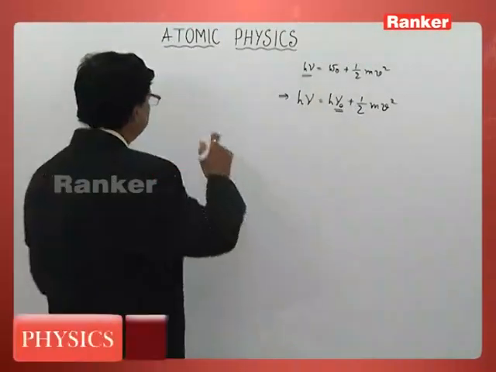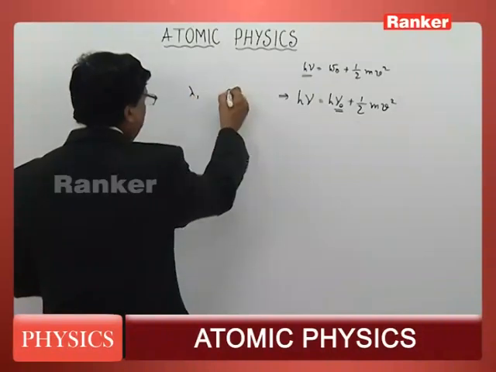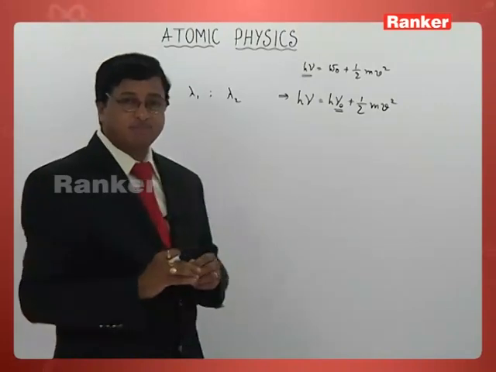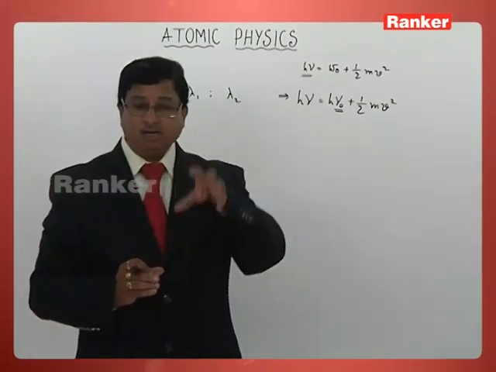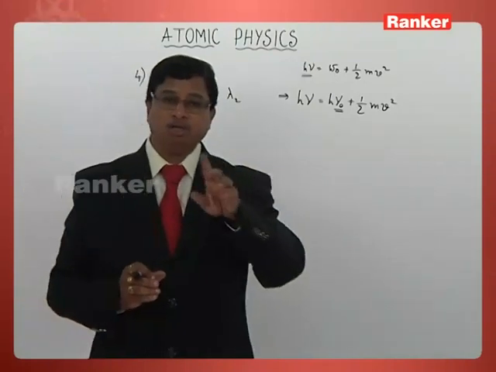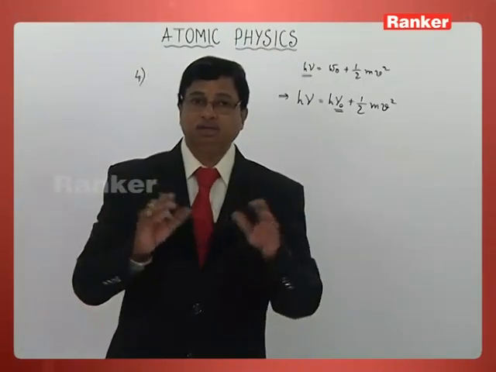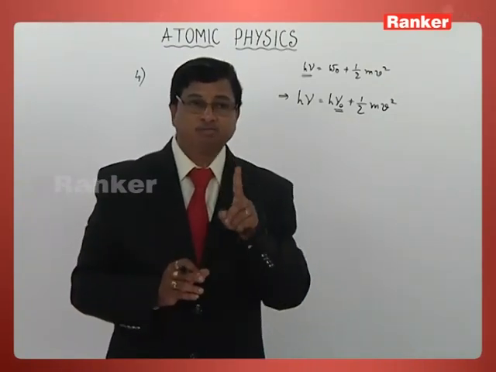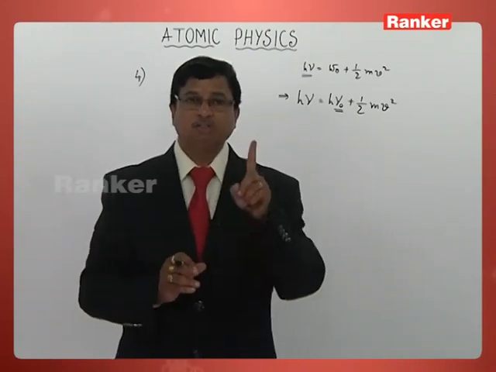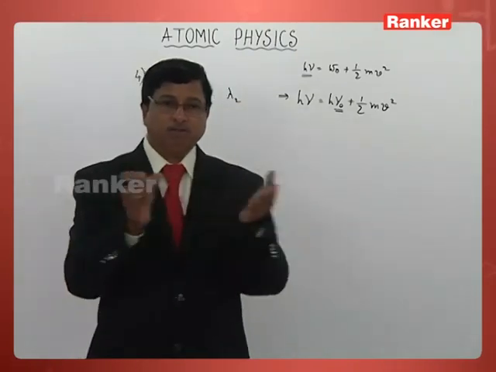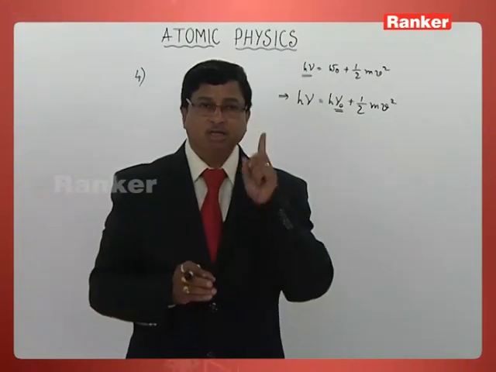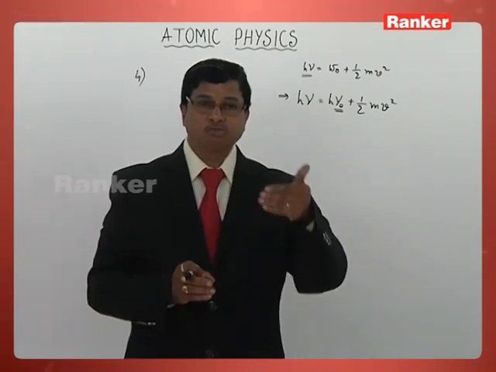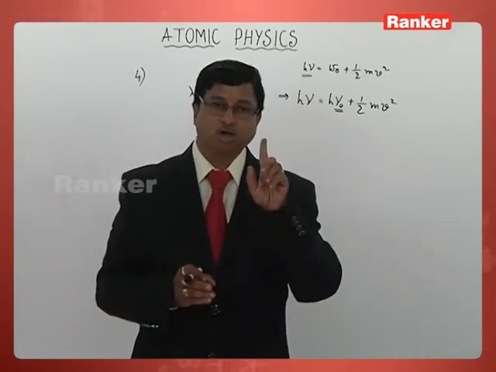So lambda 1 and lambda 2 are two different wavelengths of light incident on the same photometal, not on different metals. Same photometal means the work function of that metal is going to be constant. The moment you read the first sentence, you should immediately get in mind that the work function of that metal is constant. That's one area you have to concentrate on.